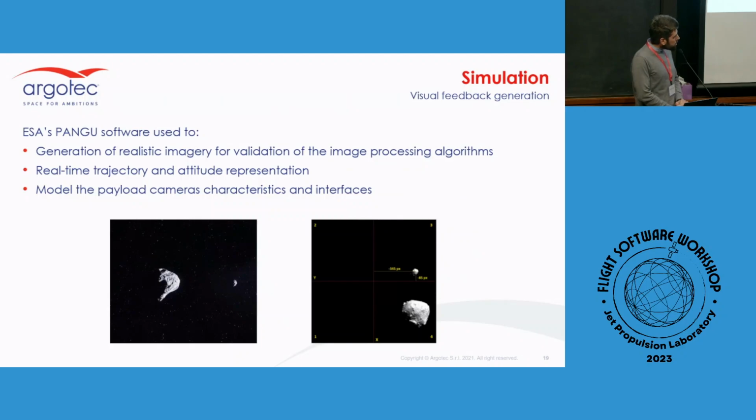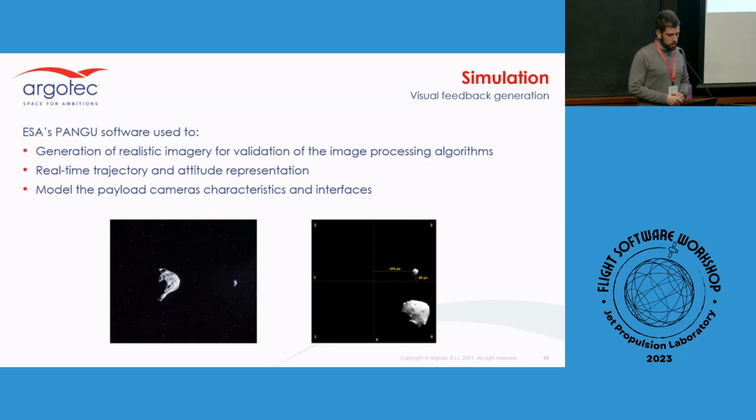In order to generate the pictures, we took advantage of a tool developed and maintained by the European Space Agency, which is called Pangu. Pangu is an environment simulator, so it can perform 3D rendering of objects and scenes, but has two key features which were particularly useful for this phase of the validation.